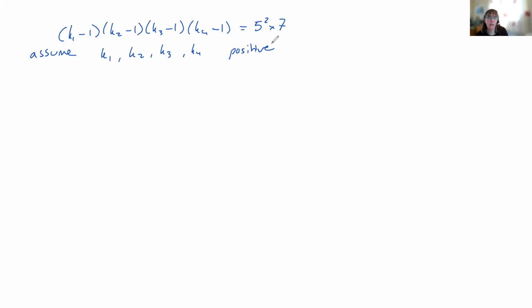They don't have to be, but we'll assume they're positive for now, and we'll consider negatives in a second. And we can also assume that k1 is bigger than or equal to k2, is bigger than or equal to k3, is bigger than or equal to k4. Because if we swap around k1 and k2, it doesn't change any of these equations. We've just moved 2 of our brackets around. So let's assume that k1 is the biggest, and then we don't have to double count.